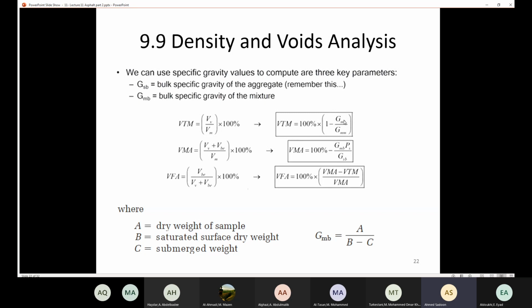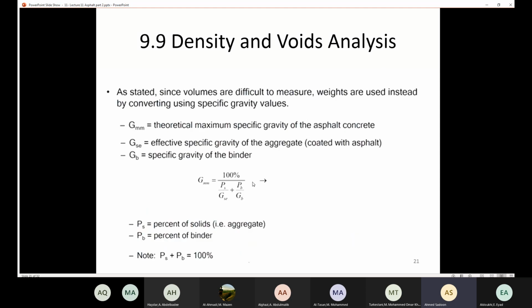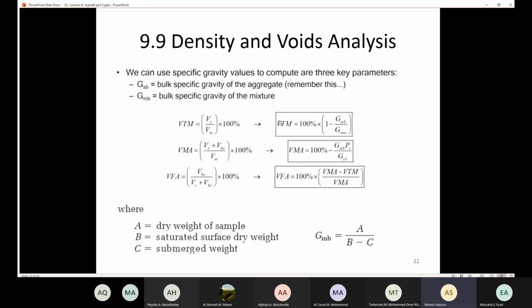So if I know GMB from this formula and I know GMM from that formula, then I will be able to determine VTM. Then what about VMA? VMA depends on GMB, which is here, depends on the PS, the percentage of the solid, which should be known, and also depends on GSB, the bulk specific gravity of the aggregate. Then I'll be able to determine VMA.